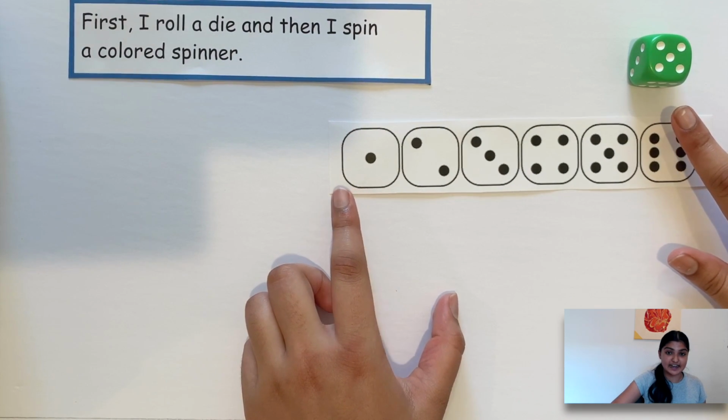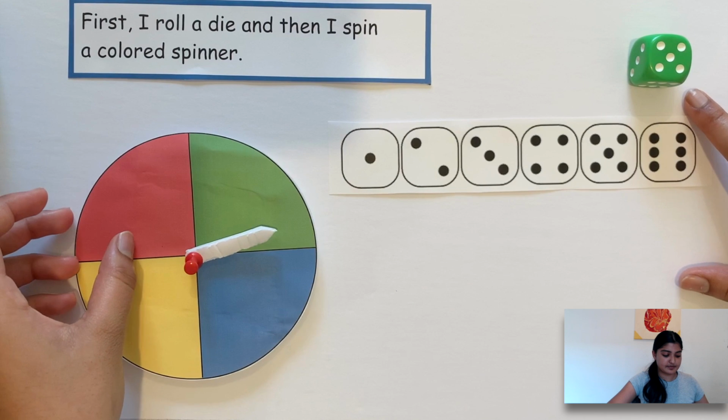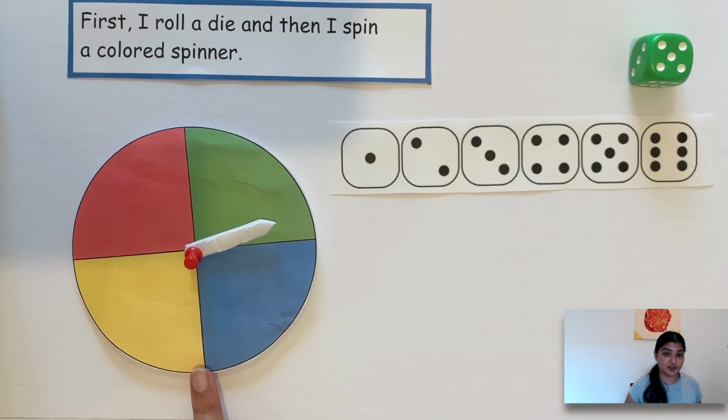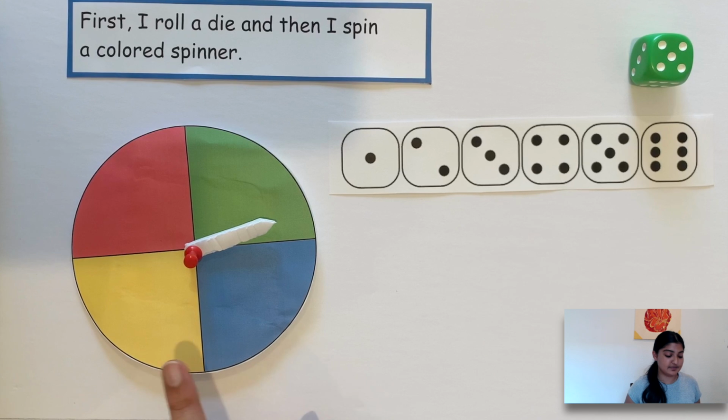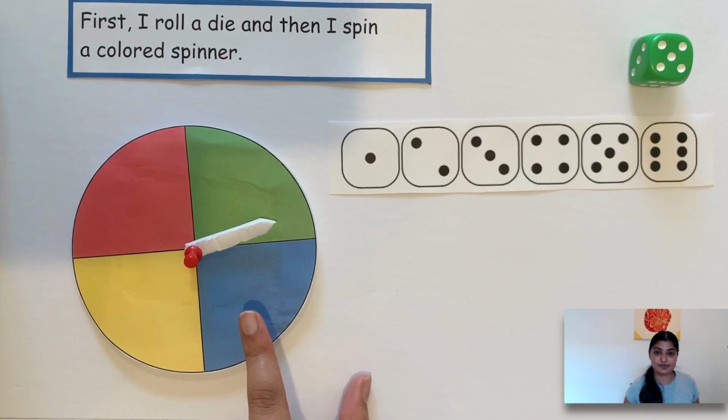This 6-sided dice has 6 numbers on it, ranging from 1 to 6. And here we have our colored spinner. As you can see, it is divided into 4 equal parts that are colored red, green, yellow, and blue.